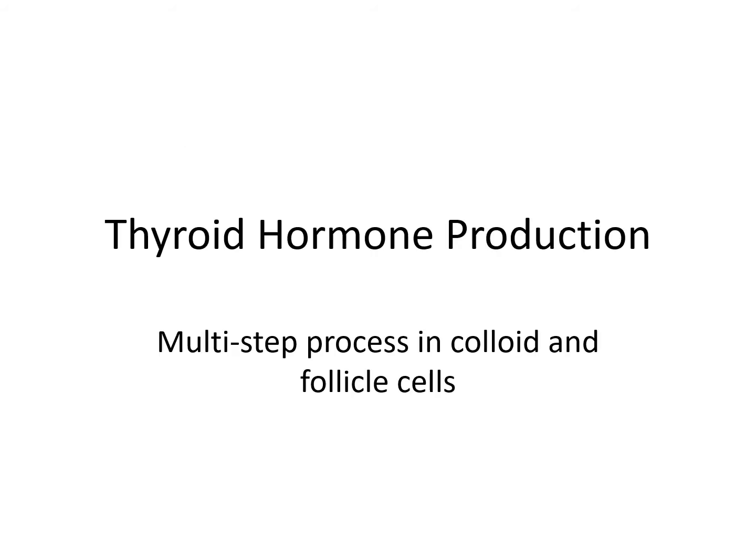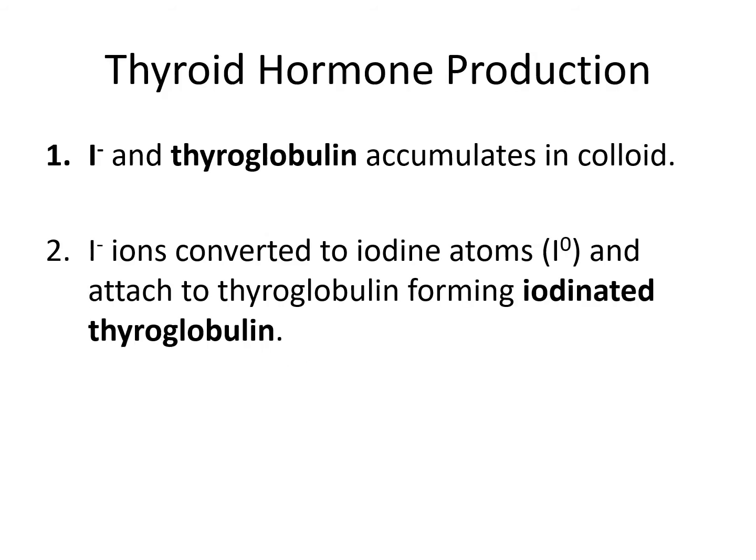How are thyroid hormones produced? Well, it's a multi-step process. As we mentioned, it starts with the colloid and the follicle cells. So we'll take it a few steps at a time. Iodide and thyroglobulin accumulate in the colloid. Iodide ions are converted to iodine atoms, so they have no charge, and attach to thyroglobulin, forming iodinated thyroglobulin.